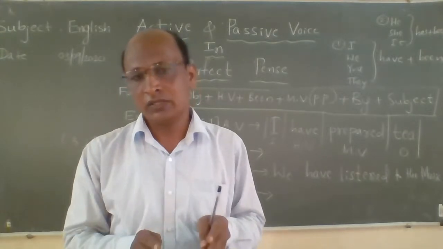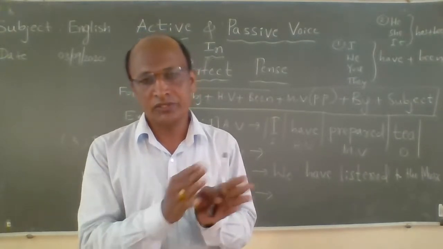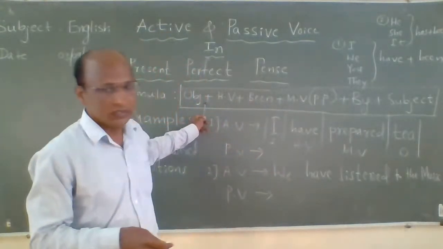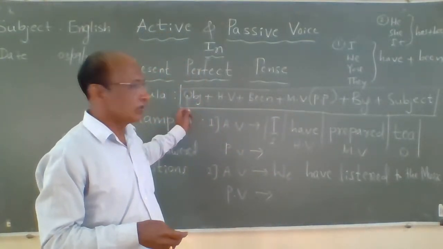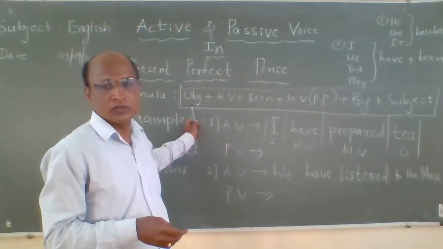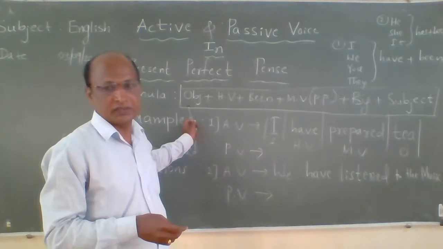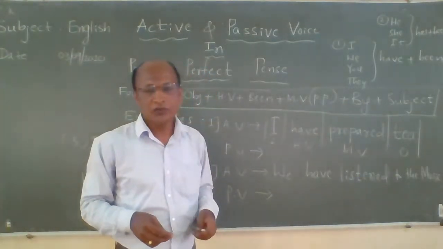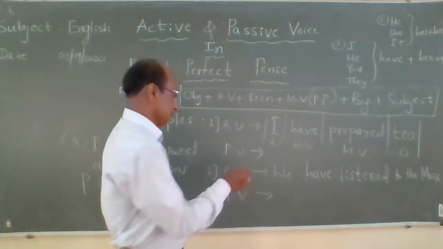Now we should think about how to change from active to passive voice. We should concentrate on this formula. First, according to this formula, we should use the object first. Which is the object in this sentence? Do you know? Tea is the object.